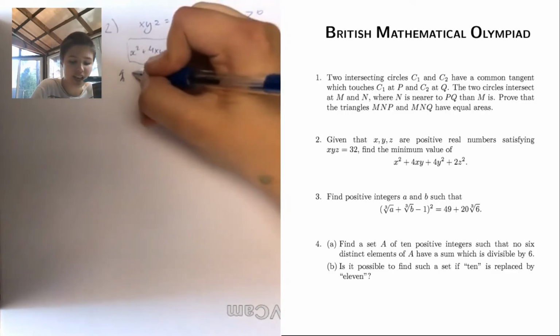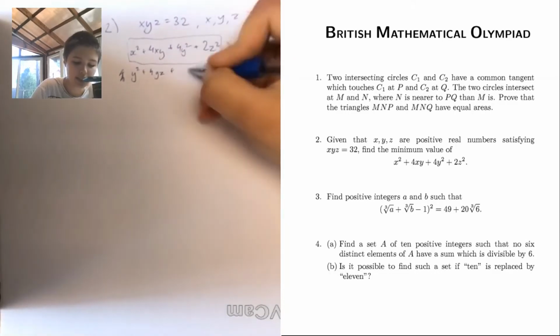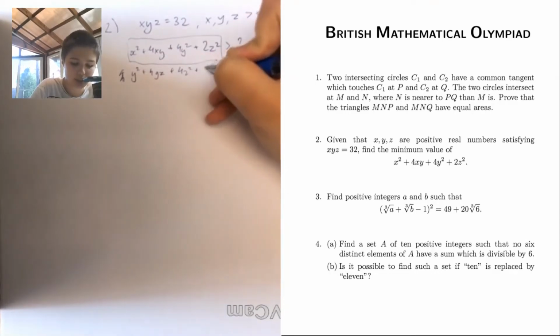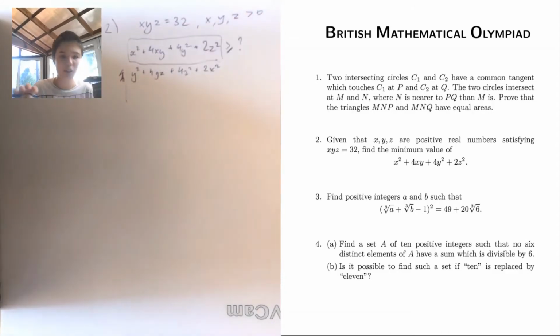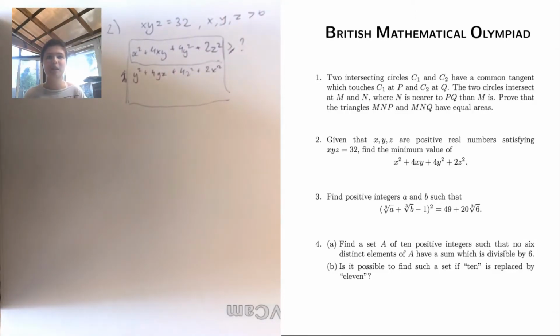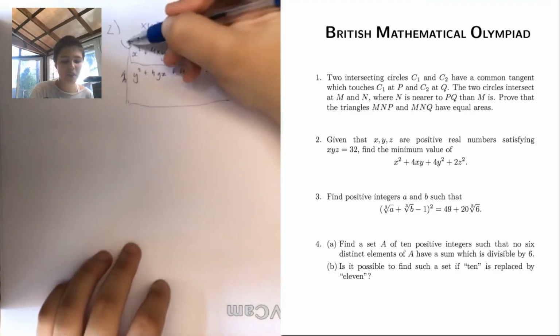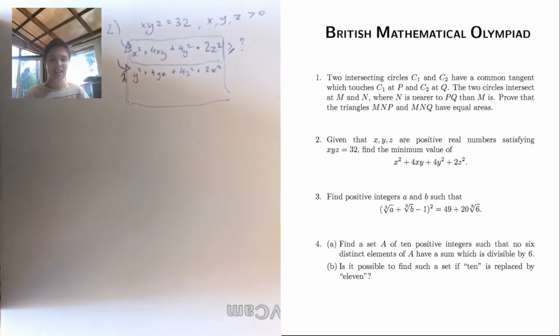So you could just add y squared plus 4yz plus 4z squared plus 2x squared, and then do the same thing where you shift the x, y, z again, and then you get 3 times your minimum sum, because your minimum sum for this thing is going to be equal to your minimum sum for this thing if you just change the values of x's and y's and such.